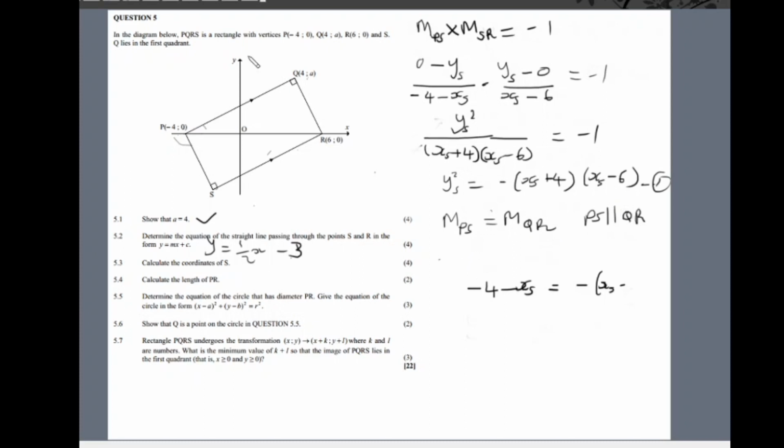So the gradient of PS will be equal to y at P, which is 0, minus y at S, which we don't know, divided by x at P, which is minus 4, minus x at S, which we don't know. This will be equal to the gradient of QR.